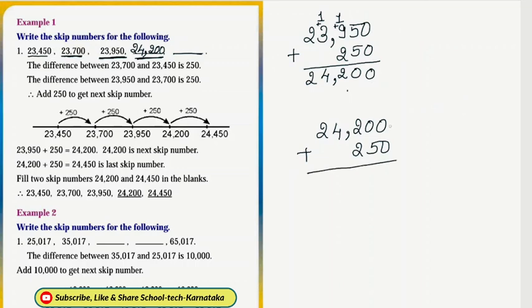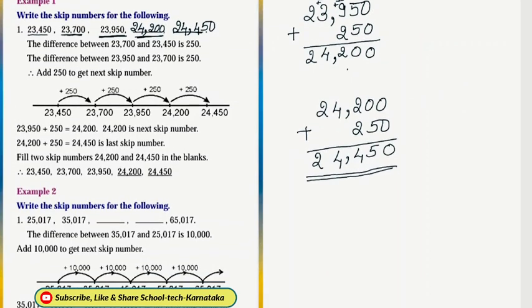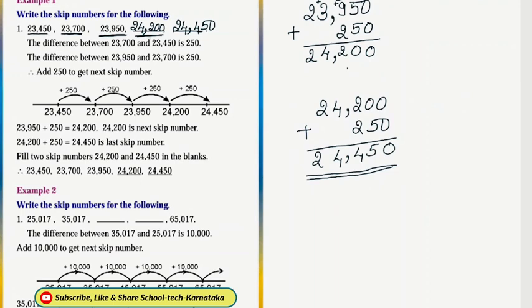What do we get now? 0 plus 0 is 0, 0 plus 5 is 5, 2 plus 2 is 4 and 4 as it is and 2 as it is. So we have got our next number, 24,450. This is how we find the skip number when we know the first three numbers.